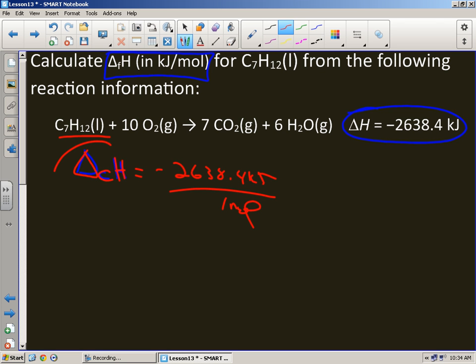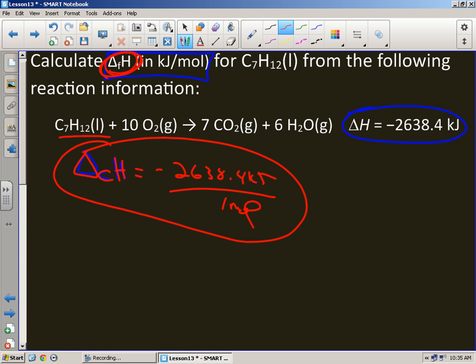So this is quite often what students want to do because they're just like, oh, yeah, delta, whatever, kilojoules, just divide molar enthalpy. But that's not what you're asked to do. You're asked to find the delta FH, the heat of formation. That's different, okay? One of the things we have talked about is the heats of formation.